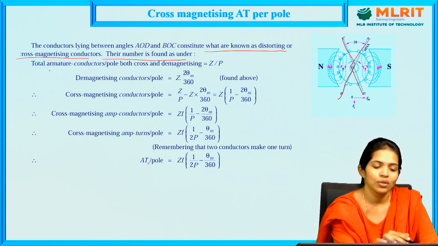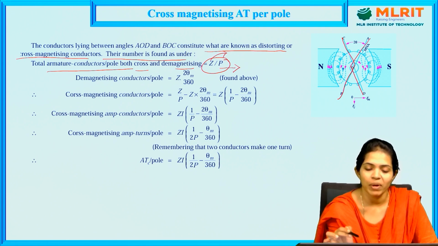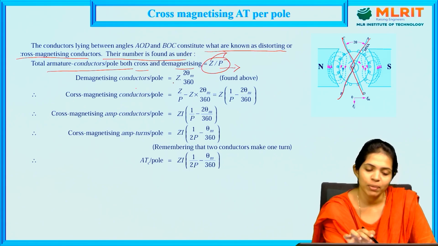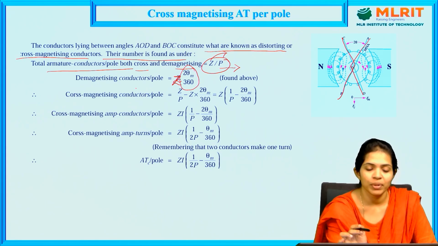We see that the total number of conductors per pole in both cross magnetizing and demagnetizing effects is Z by P. If we consider Z as the number of conductors and P as the number of parallel paths, total armature conductors per pole can be written as Z by P. Demagnetizing conductors per pole, we have already calculated as 2 theta M by 360 into Z, as seen in the previous slide.